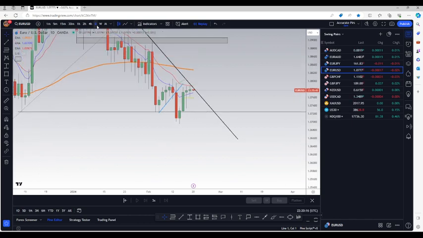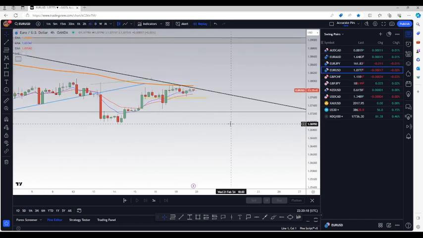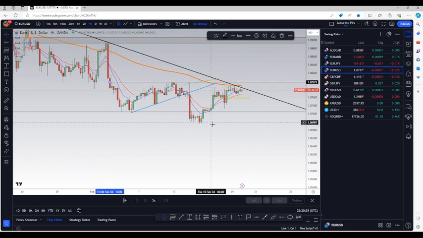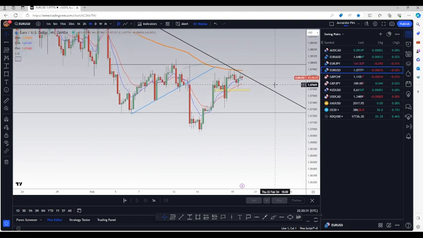I feel like the dollar is strong though. Alright, cool. For now, if you get a break above this trend line and price breaks above that line as well, then I'm all in for a buy on EU.